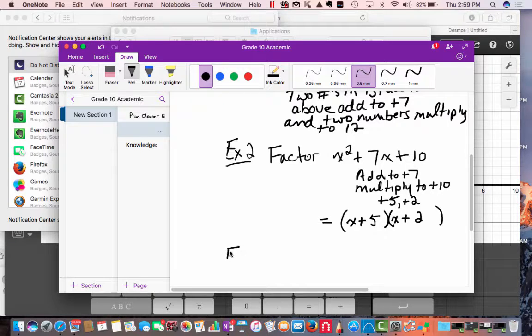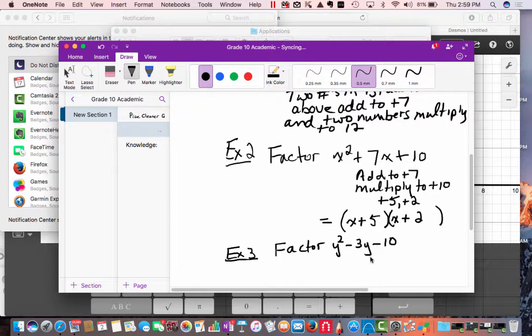In example 3, we'll introduce some negatives into the question. So if I asked you to factor, let's say, y squared minus 3y minus 10.